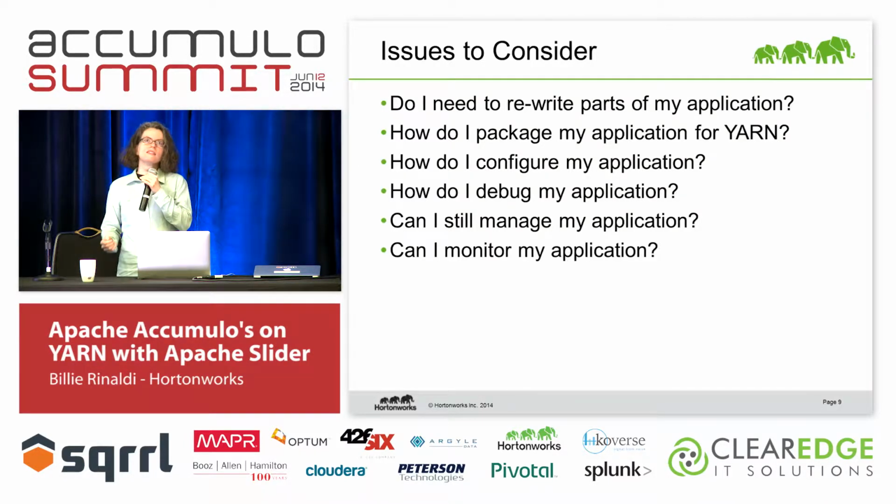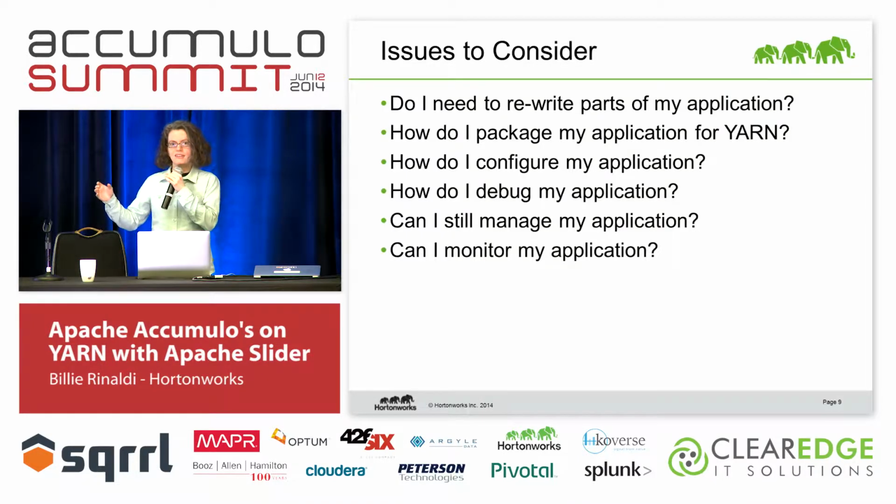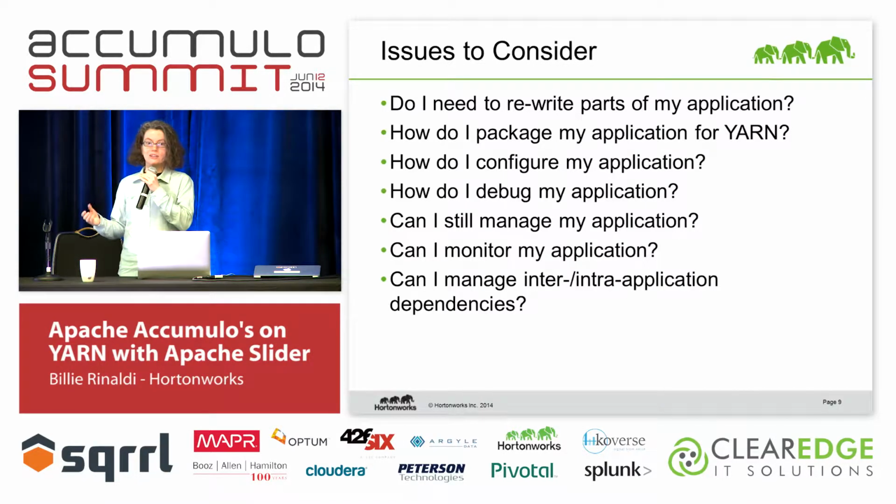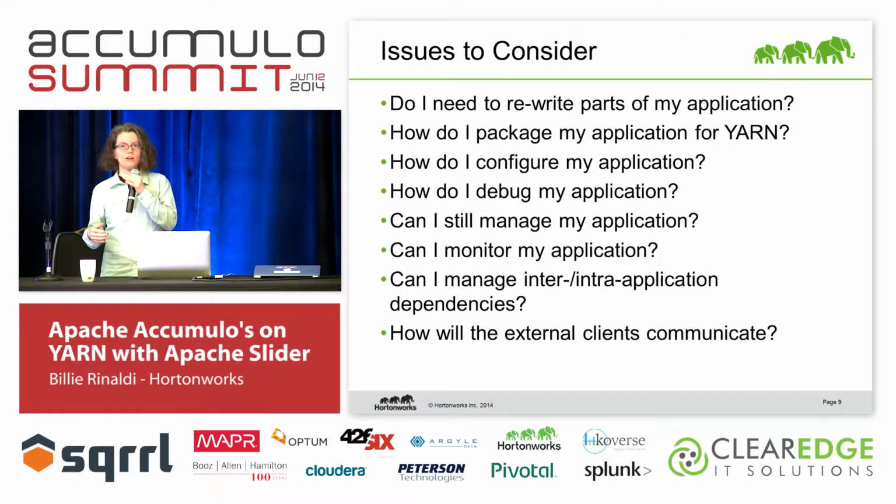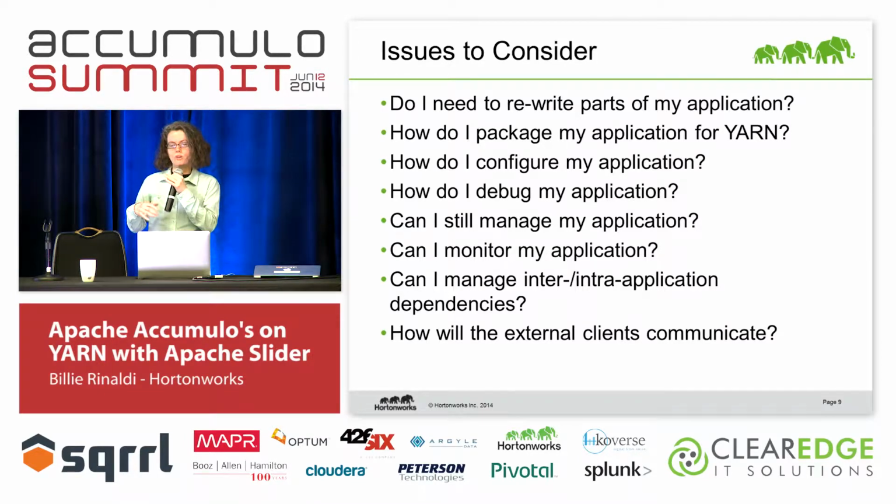And then one last really major issue to consider is that the first proving app for Yarn was MapReduce. And MapReduce has certain container life cycles. For example, the containers are expected to finish at some point. Whereas for other applications, which we'll call long-lived applications, like Accumulo, the processes don't ever stop unless you manually ask them to come down.